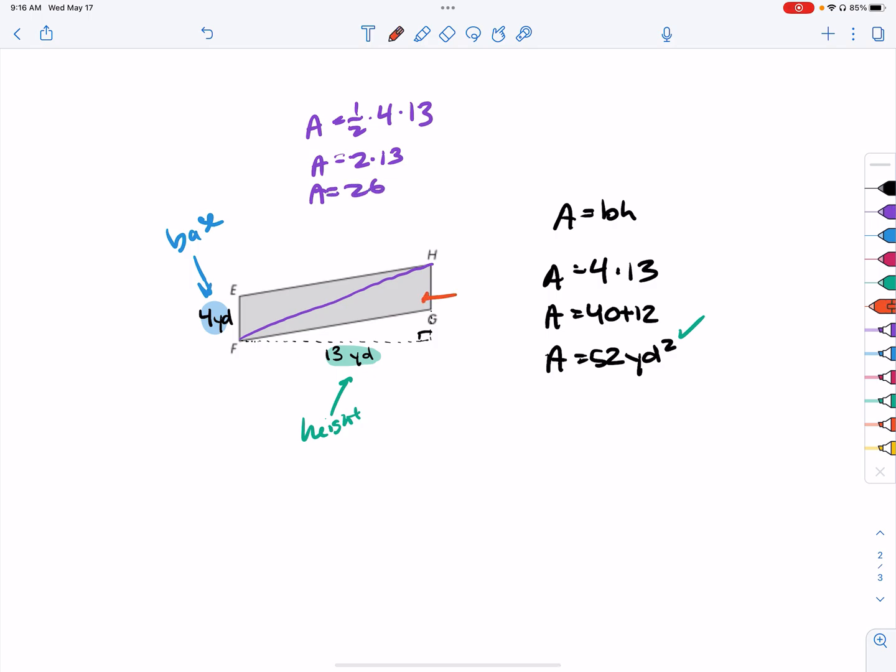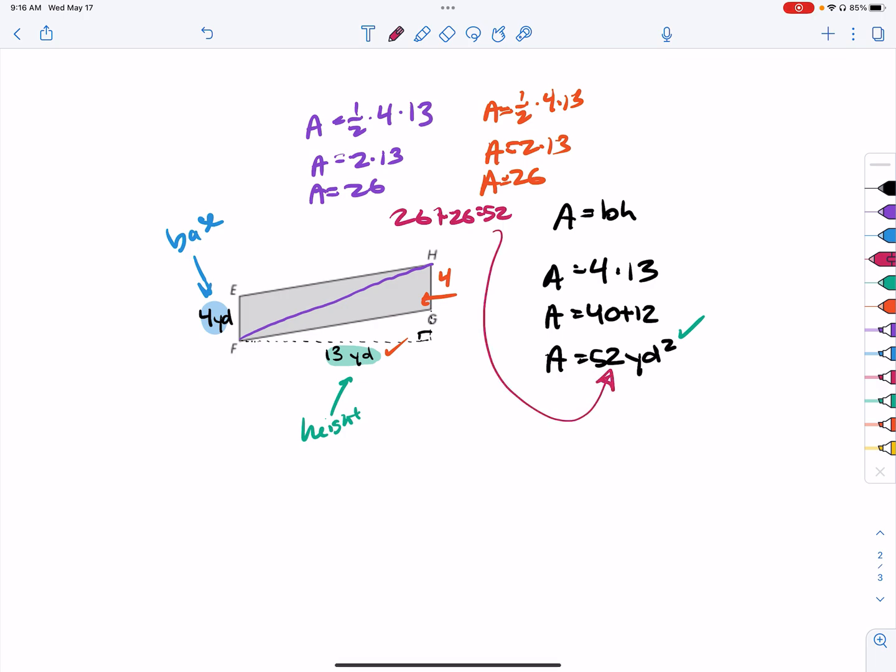And it was going to be the same thing for that orange area. This base is going to be 4, the height is still 13. So we have the same work. We could have just multiplied that by 2. 26 plus 26 is 52. So we know this formula works, and then we can find our area of parallelograms.